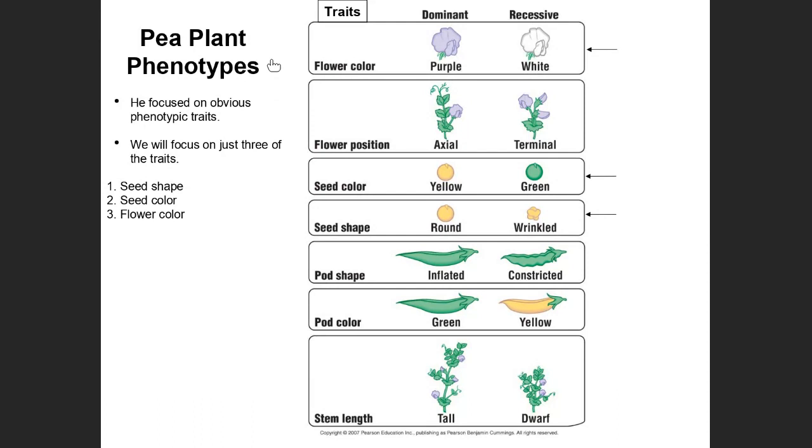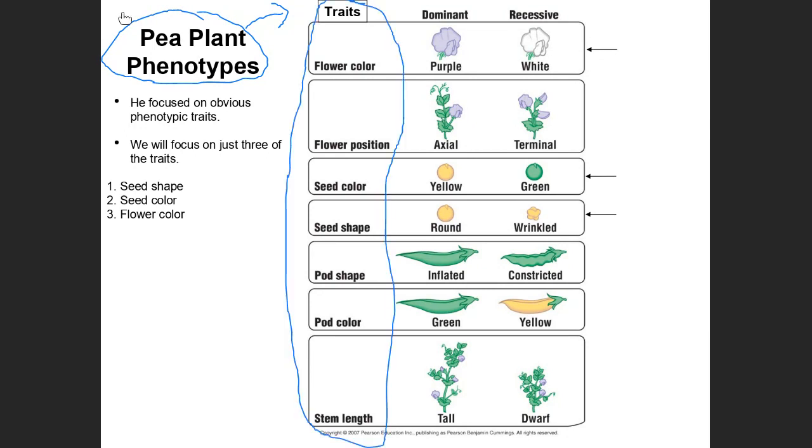Gregor Mendel, the father of genetics, he's the one that uncovered patterns of inheritance, how traits are passed on from parent to offspring. And he did this by studying pea plant phenotypes. Okay. Now, when he studied pea plant phenotypes, he focused on traits, observable features.